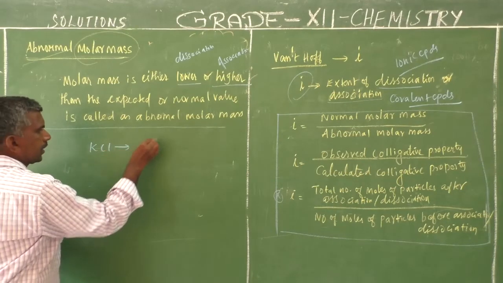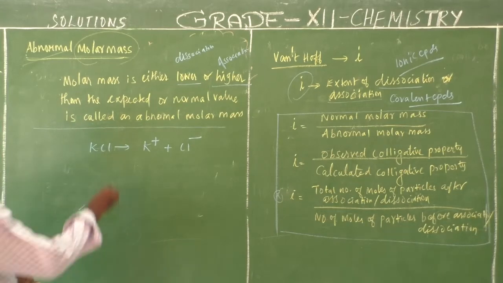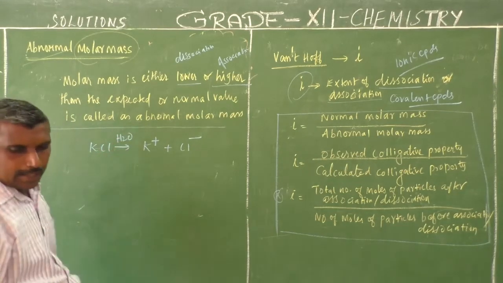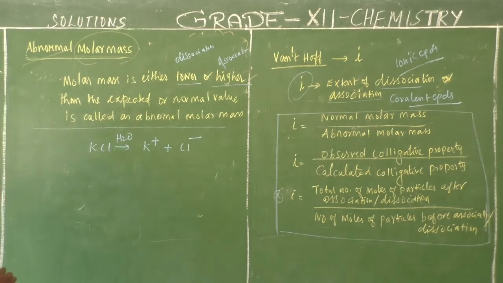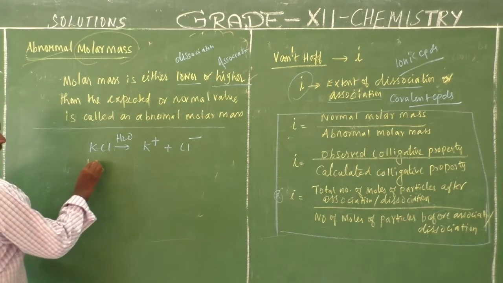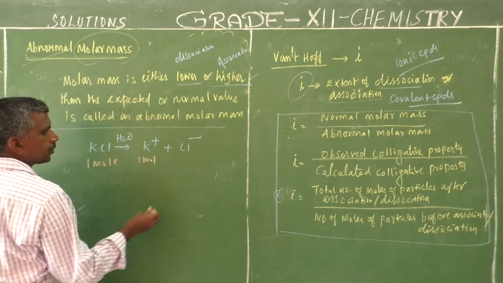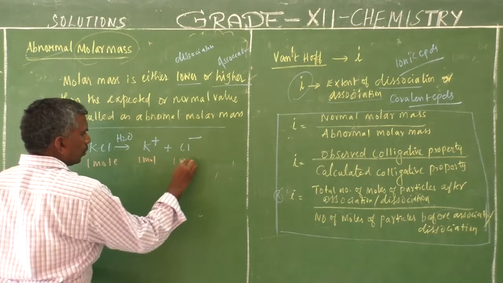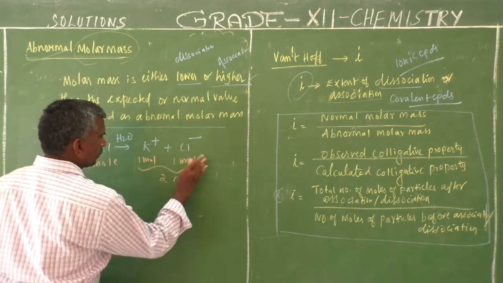KCl, K plus and Cl minus. When it is dissolved in water, it gives K plus and Cl minus. Here 1 mole of reactant, after dissociation 1 mole K plus and 1 mole Cl minus. That is total how many moles? 2 moles.